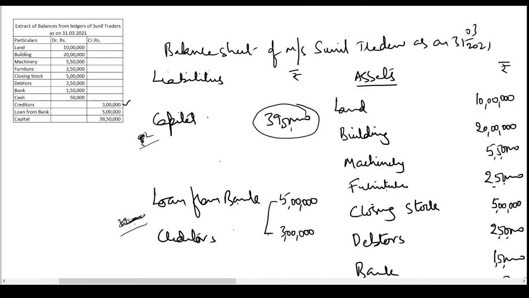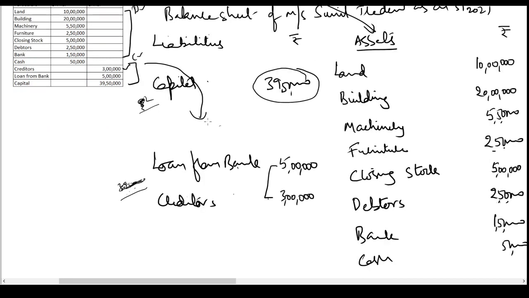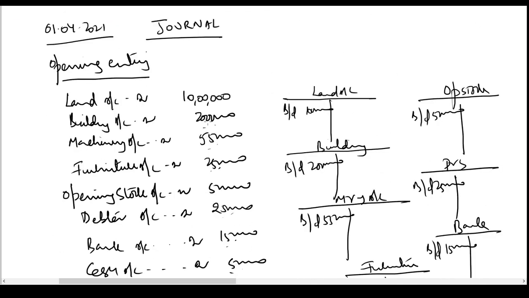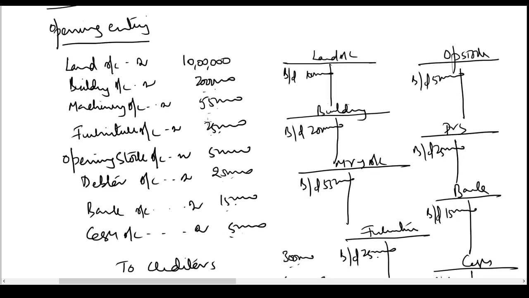So the balances which are not closed, the debit balances in the assets and the credit balances in the liabilities, are shown on the asset side and the liability side, and the balances are brought into the books of the next year by passing an opening entry.